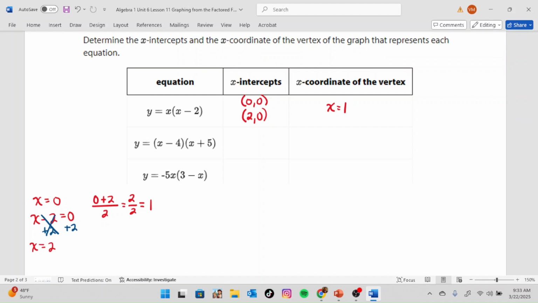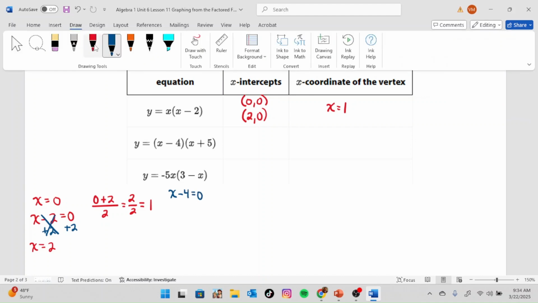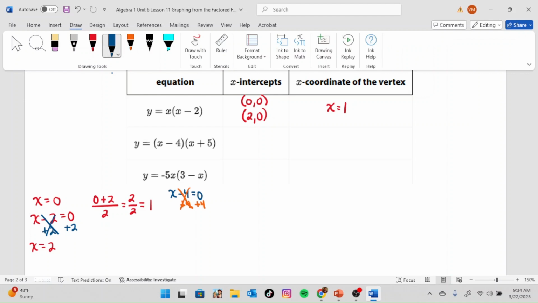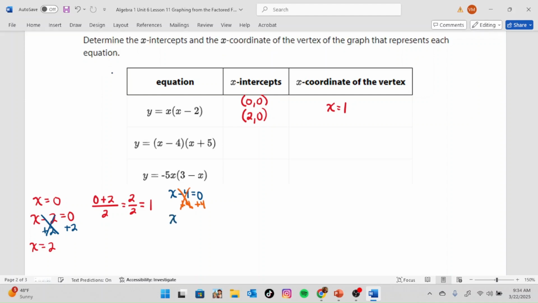Now for the second one, we have x minus 4 equals 0. We're going to add 4 to both sides. And that gives us x equals 4. So the first x-intercept is at 4, 0.